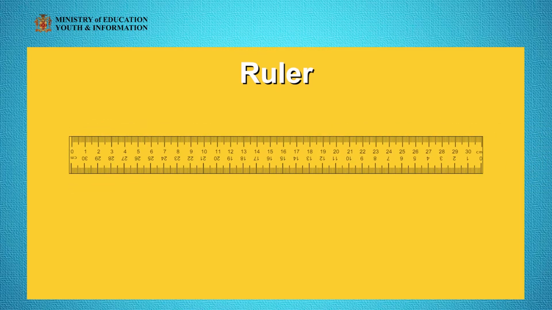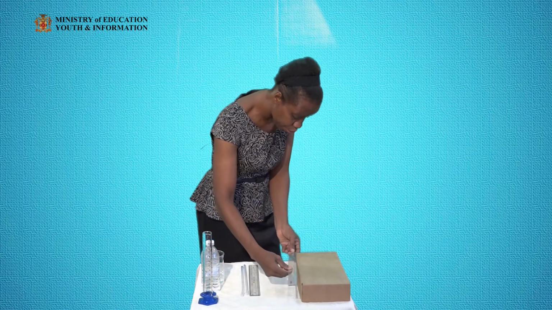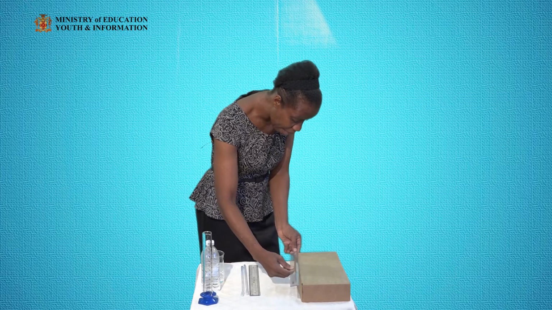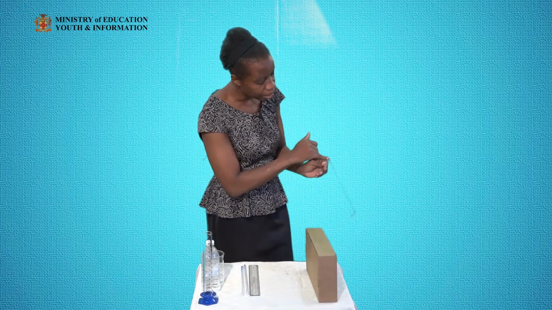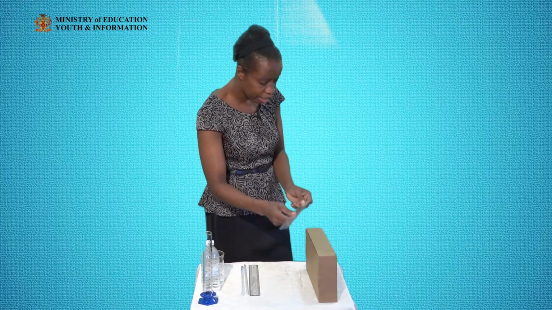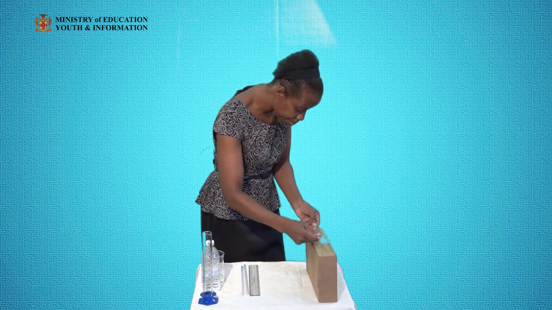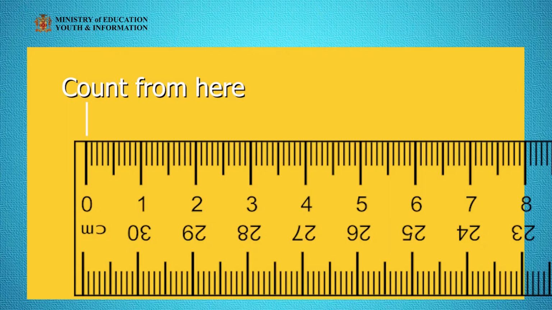So it's very important when we're reading the length to place the ruler at the 0 mark. Notice the edge of your ruler will actually start before the 0. So when you're measuring, ensure that you're starting from the 0 mark and you hold it straight, yes, and you're reading from left to right.